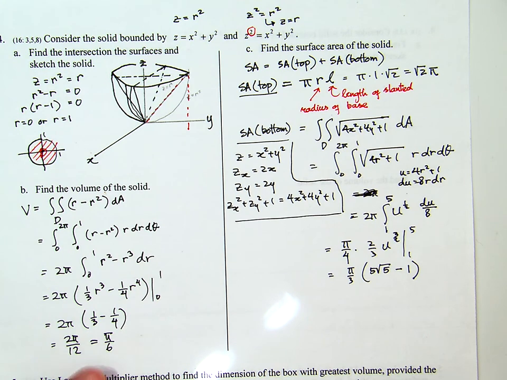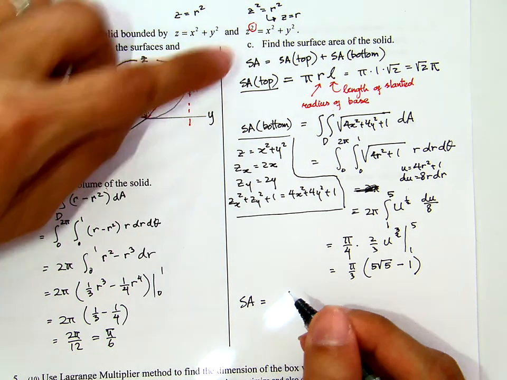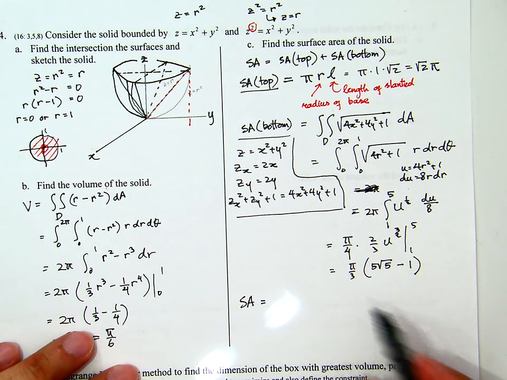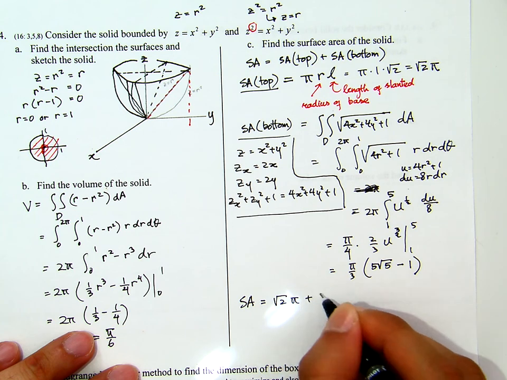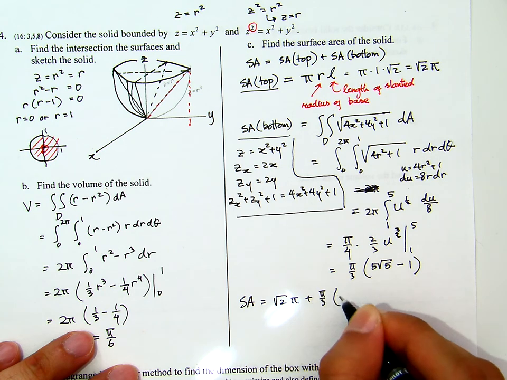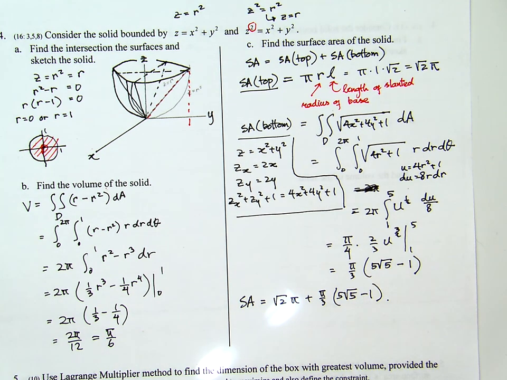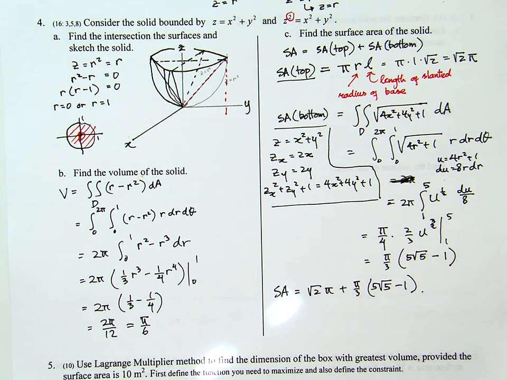Okay, now then the total surface area equals, so we look back there, the total surface area will be radical 2 pi plus pi over 3 times 5 radical 5 minus 1. Now this is from summer 2009 Math 263 test 3 number 4.